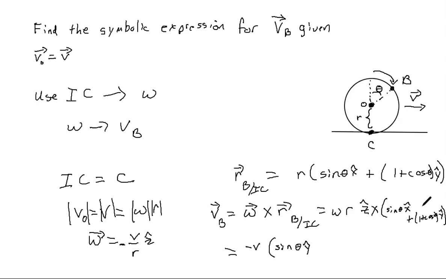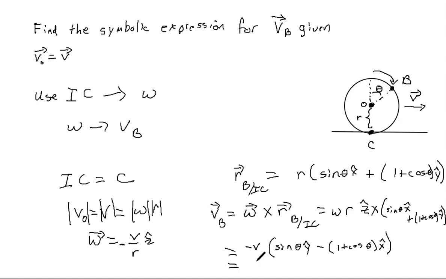And then I have z hat cross y hat, that's going to be negative x hat. You can't leave all these extra minus signs. It's not quite like kissing your cousin, but it's close.